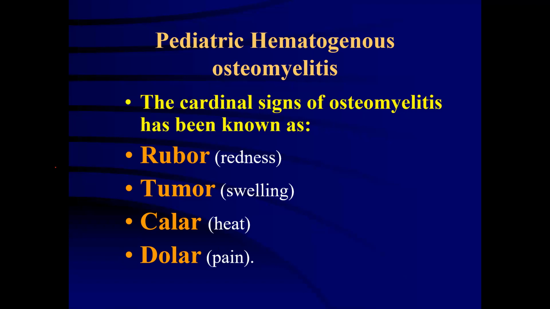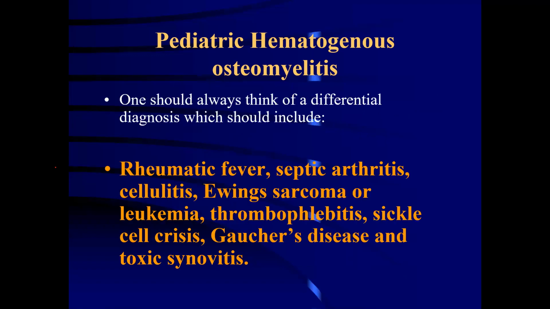You have to know these signs in pediatric hematogenous osteomyelitis: rubor, redness; tumor, swelling; calor, heat; dolor, pain. These are the 4 descriptive signs of pediatric hematogenous osteomyelitis.